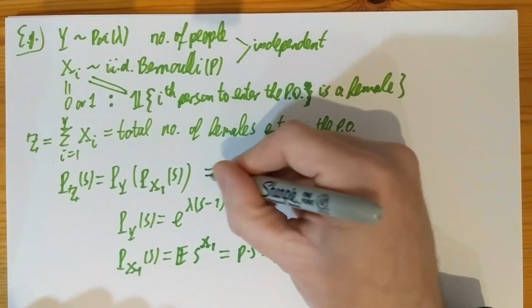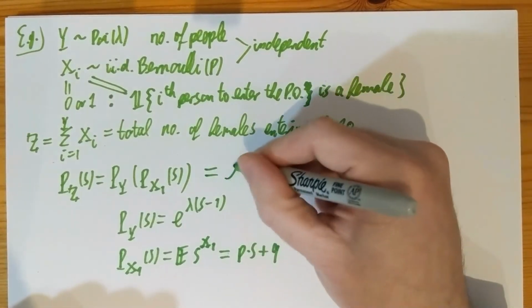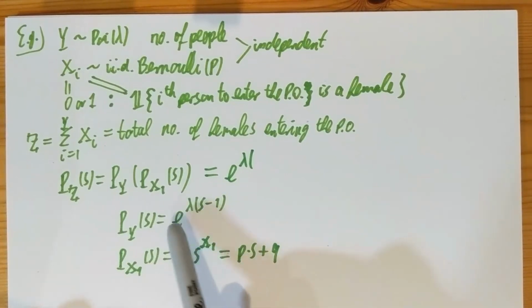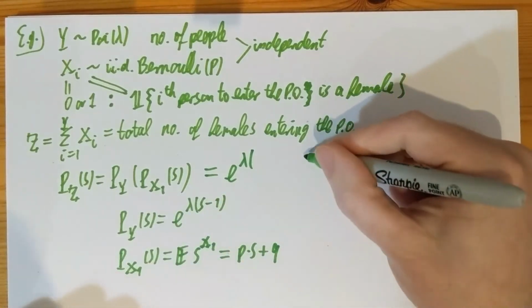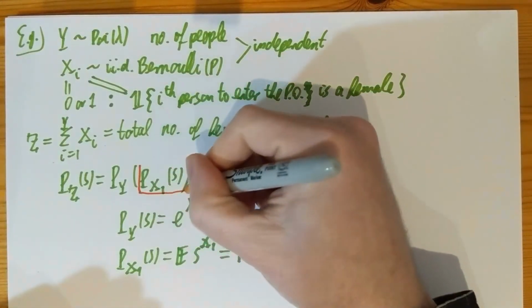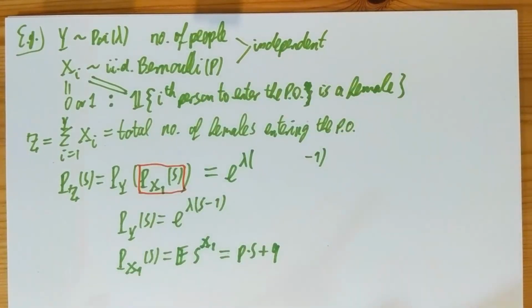And so I can plug in these functions here. So exponential of lambda times something minus 1, but what is that something? Well, instead of s, I need to take whatever I see inside my generating function.